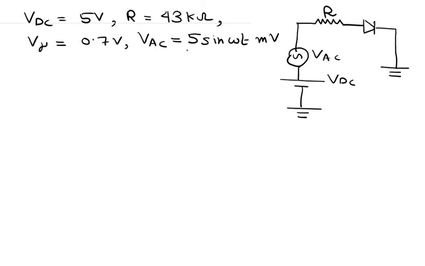So the amplitude of the AC voltage is 5 millivolts, and you are asked to find the DC component of the current, and also the AC component of the current.